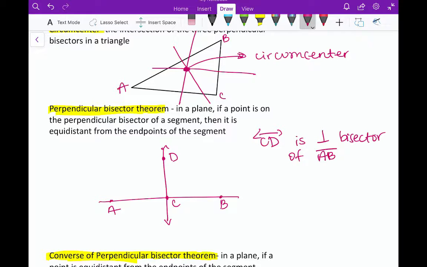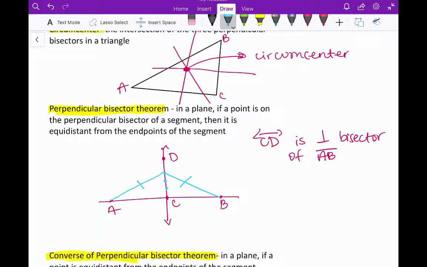And as a result, the theorem says that any point on this line CD, any point here, is going to be equidistant from the endpoints. So what that means is if I draw a segment from that point on the bisector to point A, it would be the same distance as if I drew a segment from that point to B. So this is congruent to that. That's what that means. And if you'll notice, that completes a triangle there.